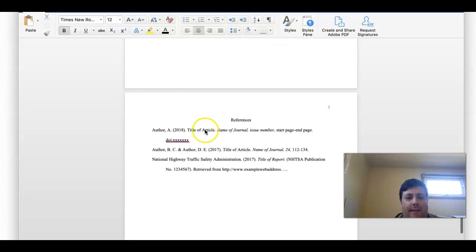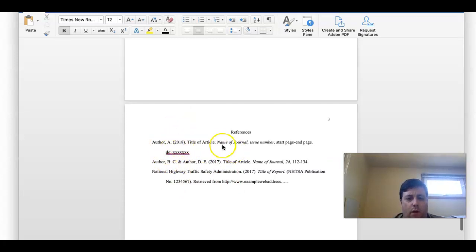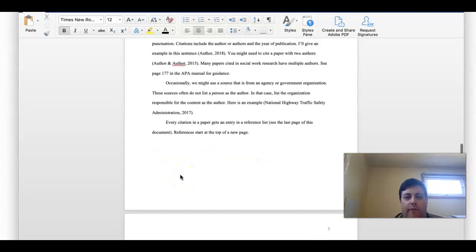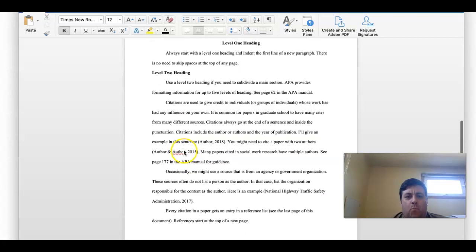I've put a sample reference list down here. Note that everything is double spaced within a reference and between references. The form of justification here is called left justified.